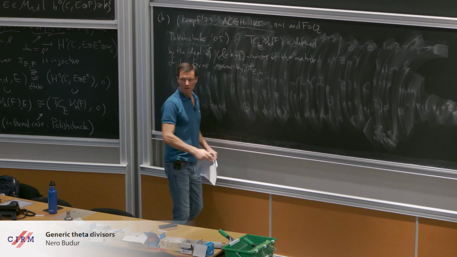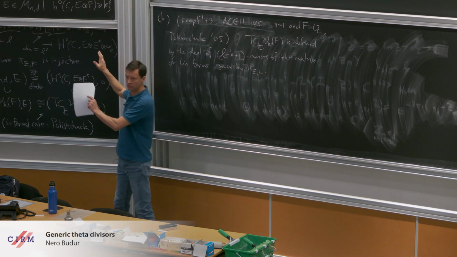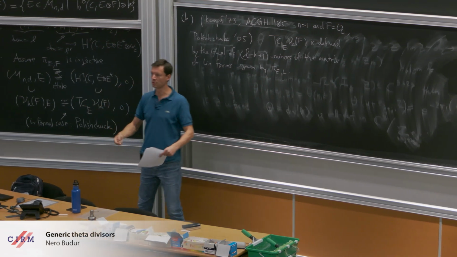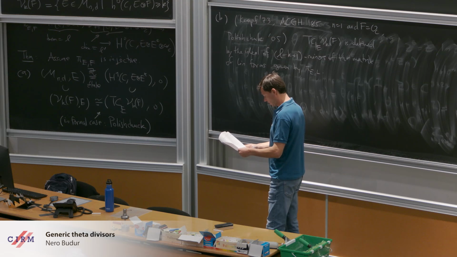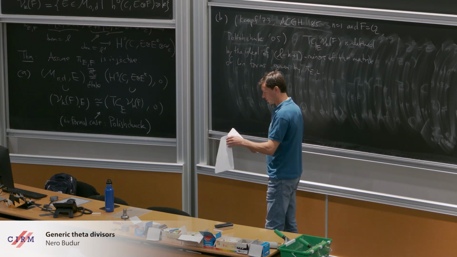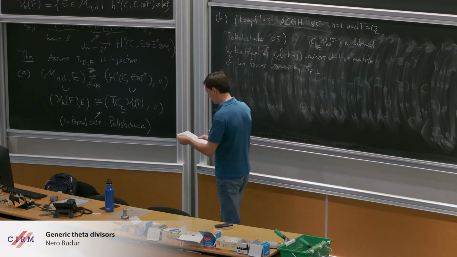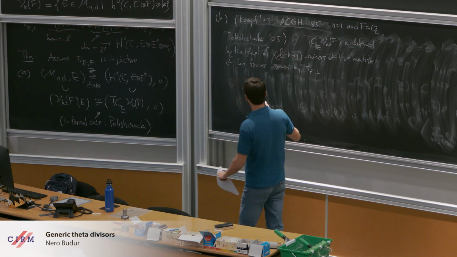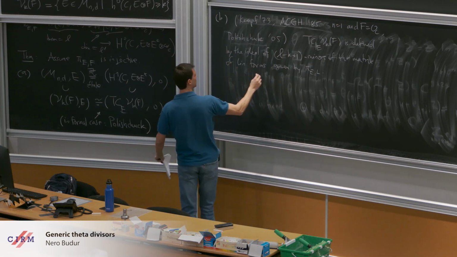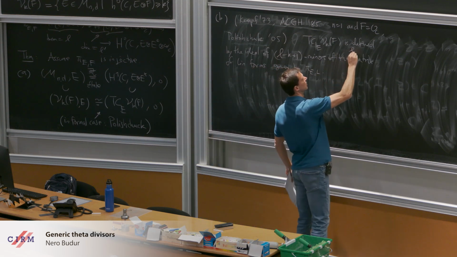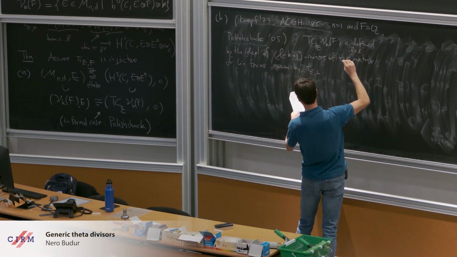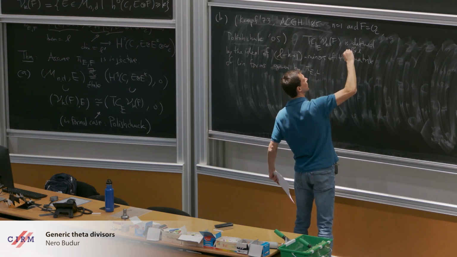So the proof that I have gives all this again in one shot. So let me just say that this matrix of linear forms here is an L by L prime, or L prime by L matrix.